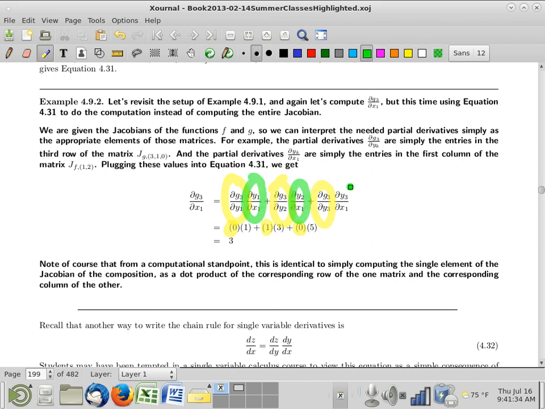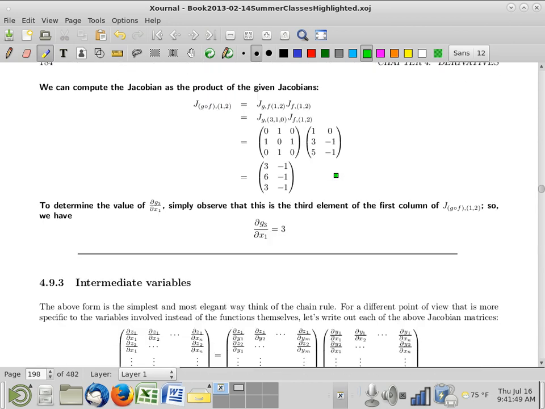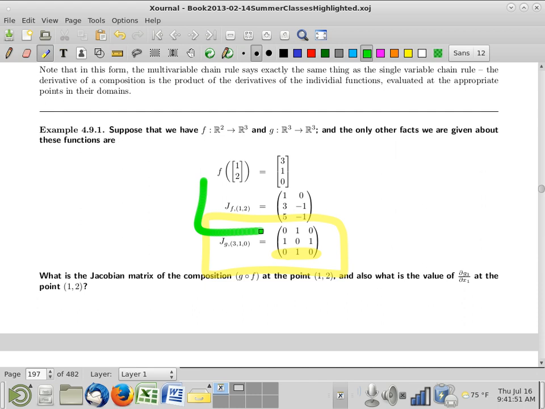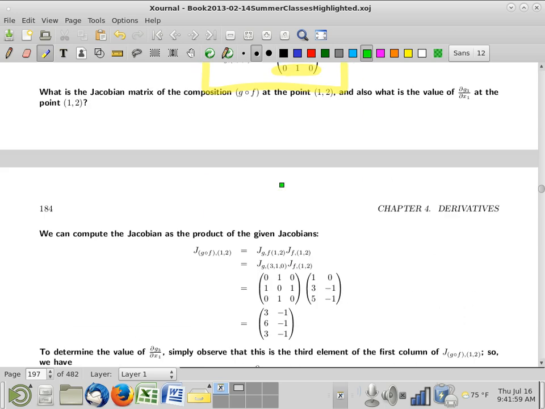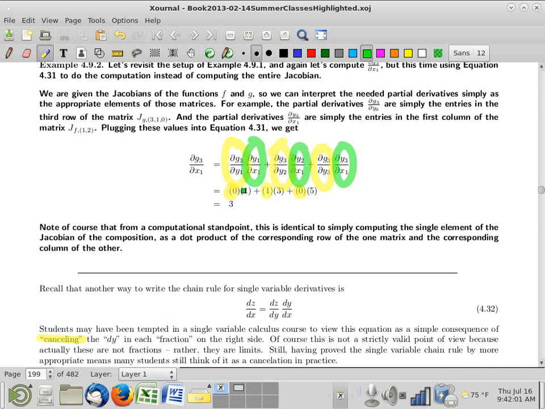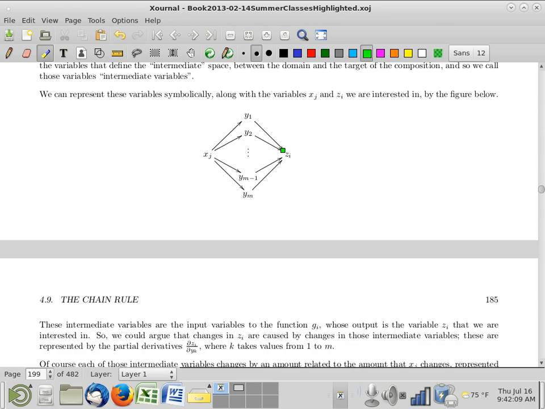Right, now what about these partials? These are the partials of all three of the different intermediate variables, but all with respect to x1. Right? So the partials of the intermediate variables with respect to the first input variable. And that means that in this first matrix, we're looking at the first column. So 1, 3, and 5. And you'll notice that this is the same answer that we got over here.